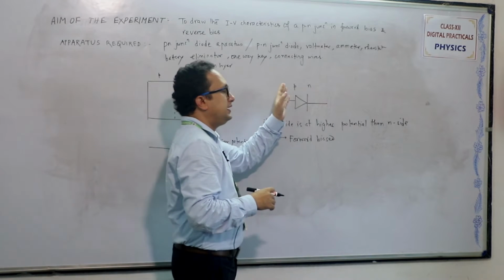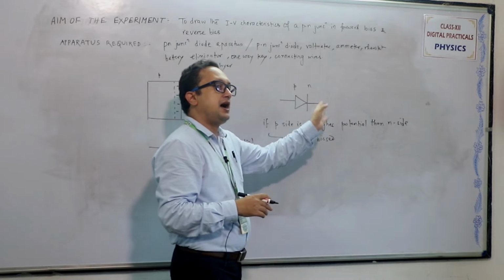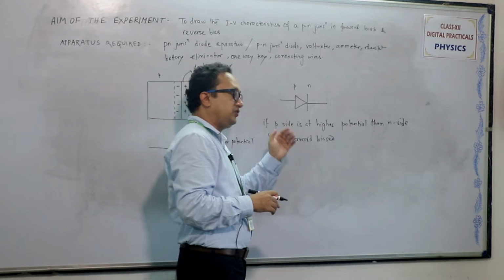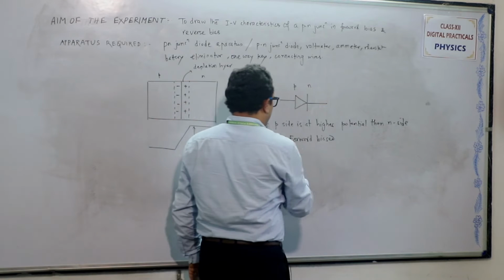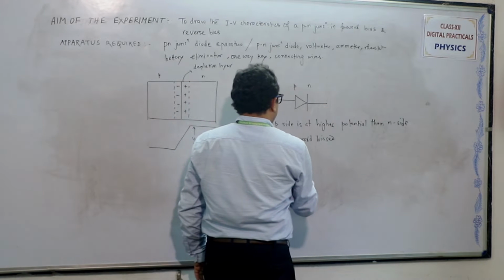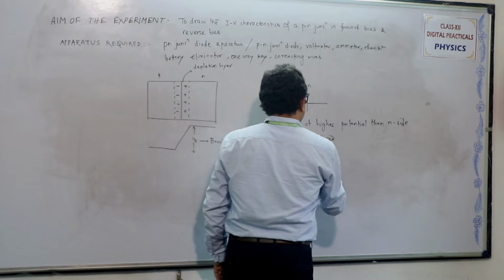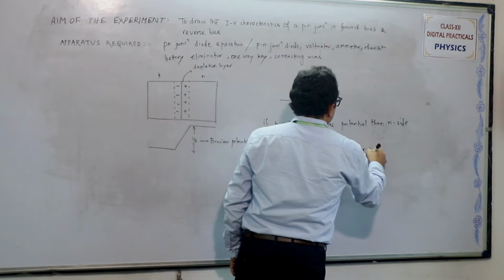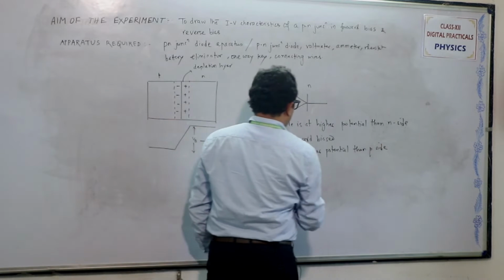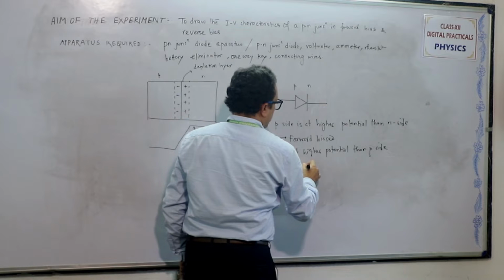Similarly, if the N side is at a higher potential compared to P side, then it is called reverse bias.